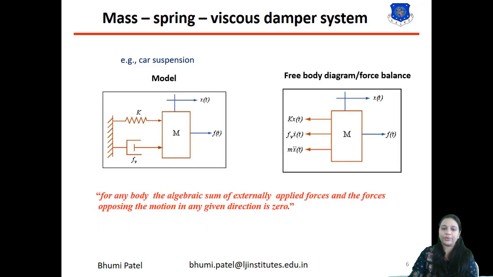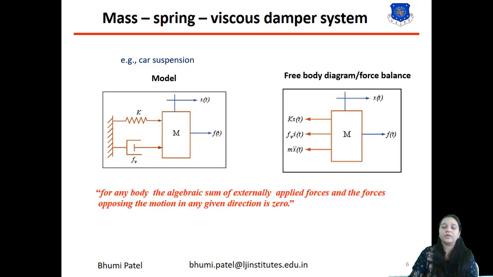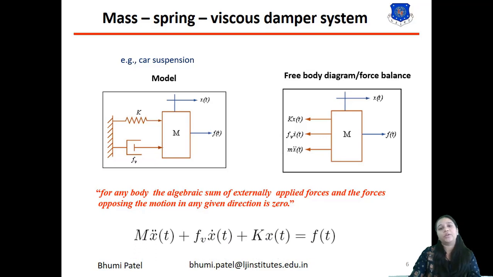For any free body diagram, the algebraic sum of externally applied force and the force opposing the motion in any given direction is 0. So the equation will become f(t) = M x double dot(t) + B x dot(t) + K x(t).